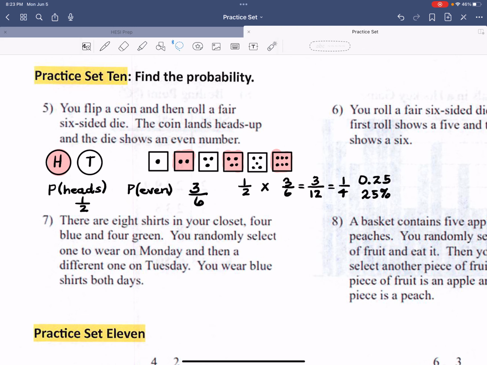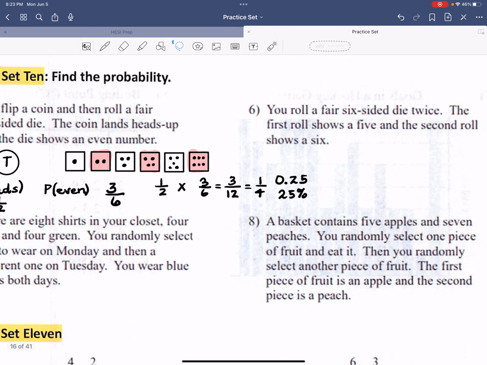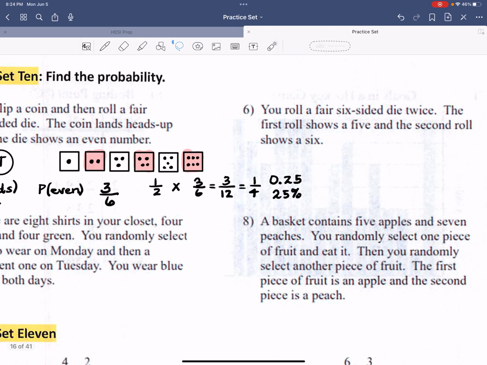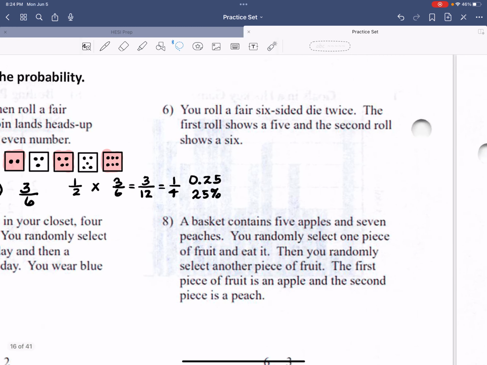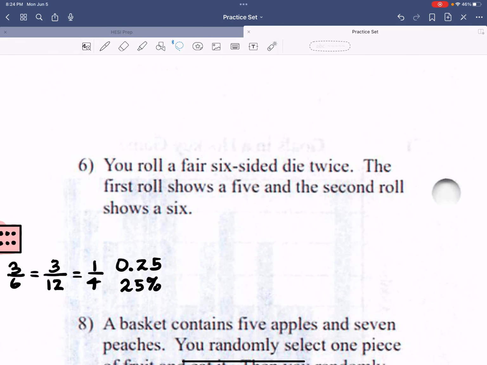And I'm going to have to, maybe not, we can do it over here. Okay. Number 6, you roll a fair 6-sided die twice.